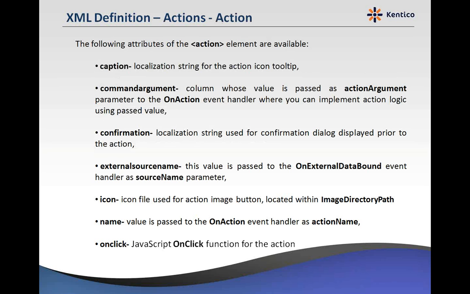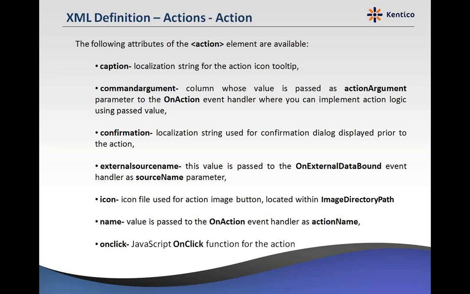So as I said, now we will take a look at the action elements, the child elements of the actions section. The attributes for the action element are as follows. There is a caption attribute.